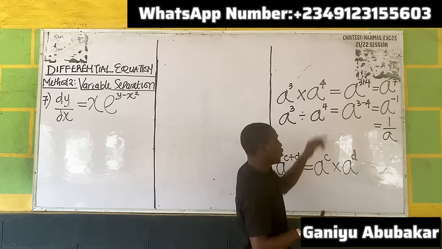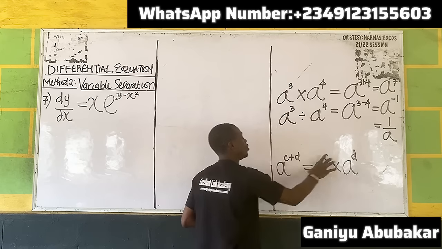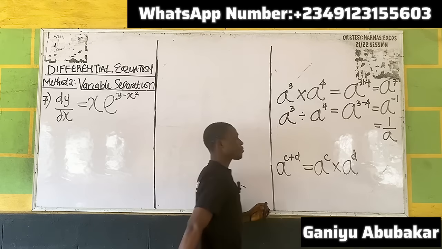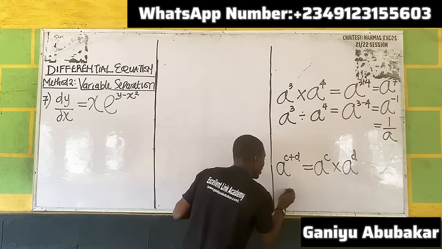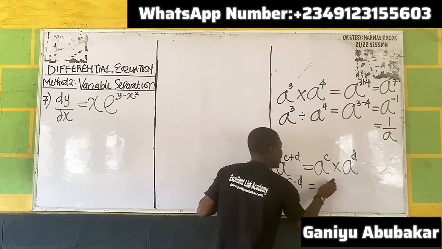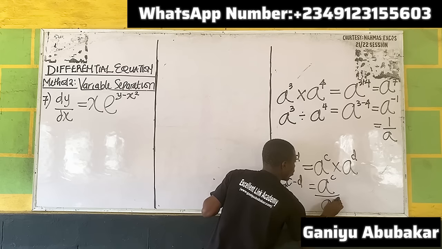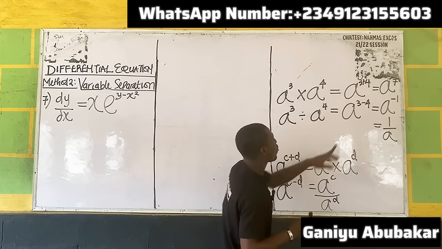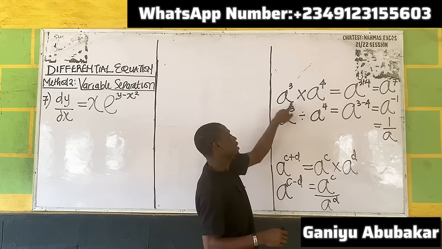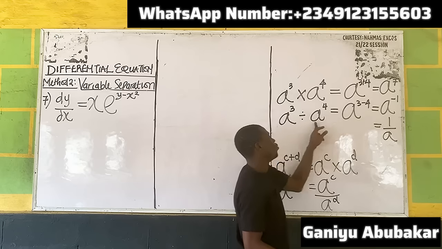Similarly, if I have a to the power of c minus d, this can be expressed as a to the power of c all over a to the power of d.